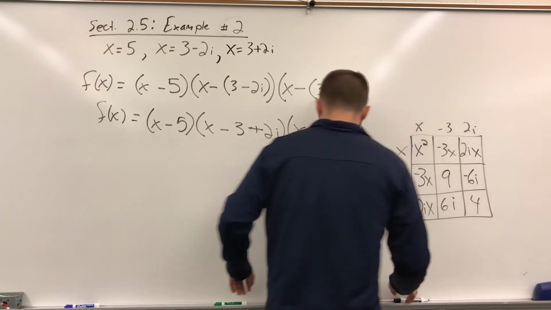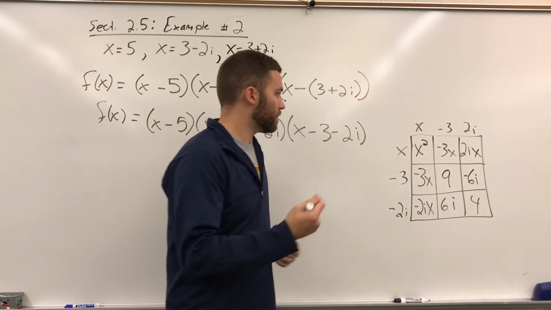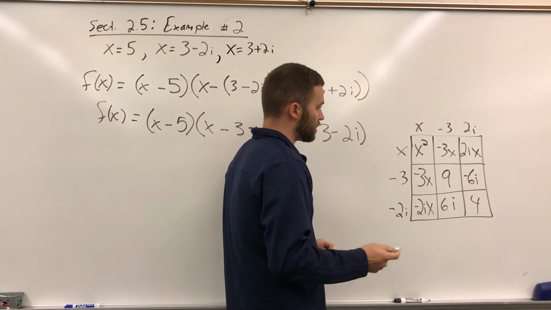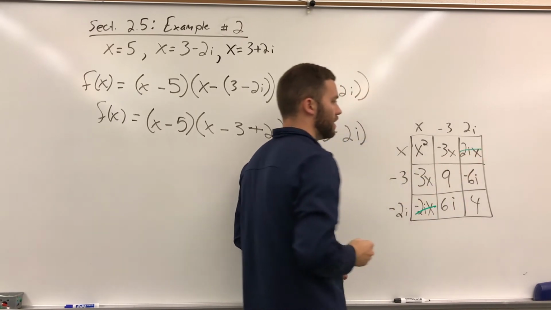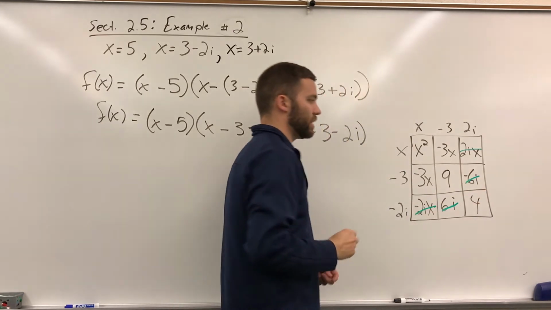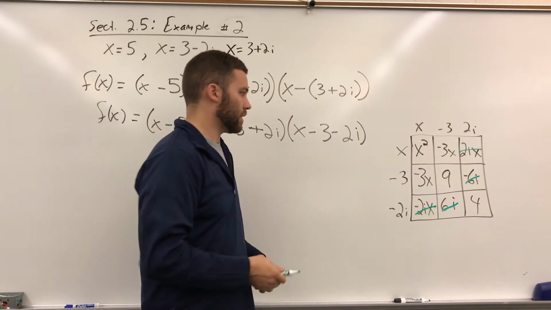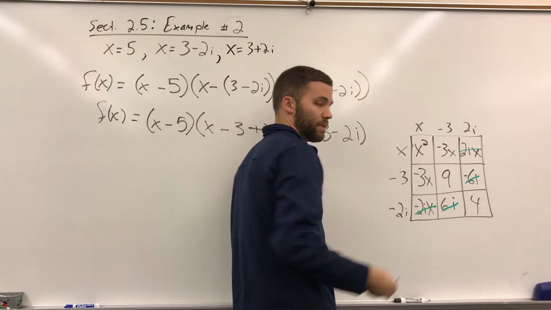Okay. From here then, we're going to combine all the like terms that are in the grid. Okay, so we can combine a couple that are convenient, so -2ix and positive 2ix, those will cancel out. 6i, -6i, those will cancel out, or I should say sum to 0. Okay. And then we have this -3x and -3x, which would be minus 6x.